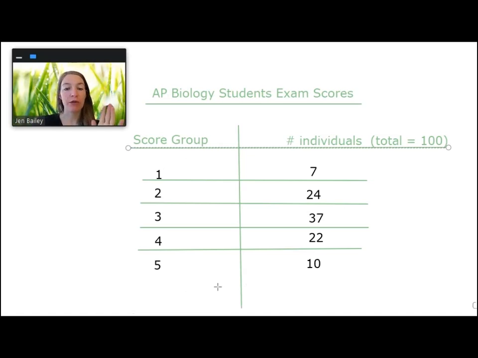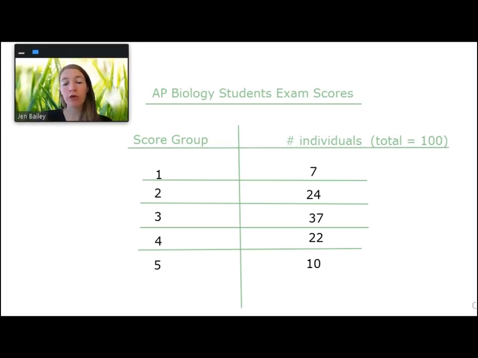So if we were making a table of the dice, 1 through 6, outcomes would be over here. So that's our score group 1 through 5 for the AP Bio scores, and then the number of individuals total adding up to 100. Okay, so we've got our score group 1 through 5, all the possible outcomes that you can get on the test, and then the number of individuals that got that score in 2020.